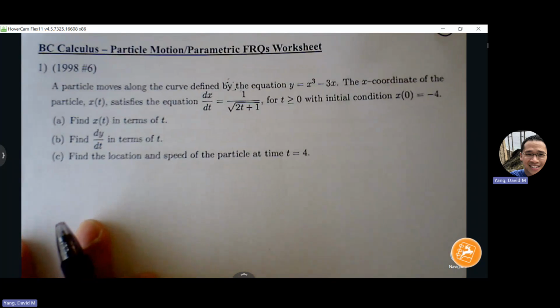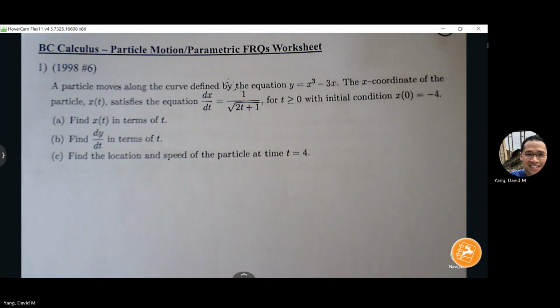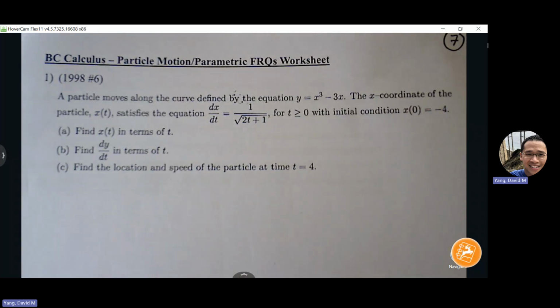Okay, so number 1, a particle moves along the curve defined by the equation y equals x cubed minus 3x. The x-coordinate of the particle, x of t, satisfies the equation dx over dt equals 1 over root 2t plus 1 for t greater than or equal to 0, with initial condition x of 0 equals -4.